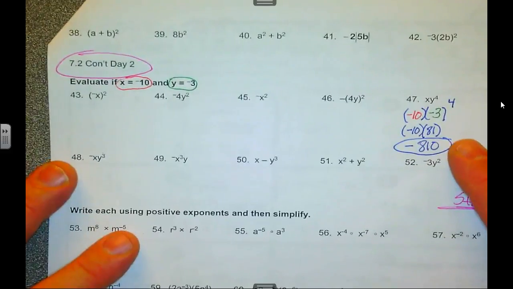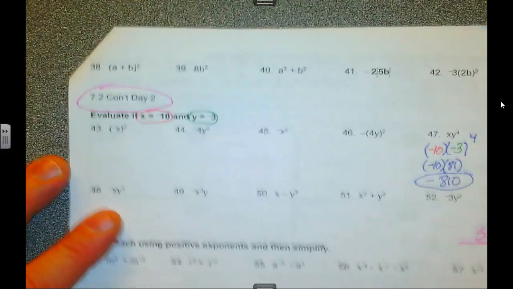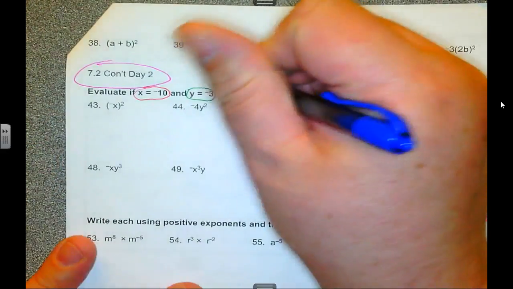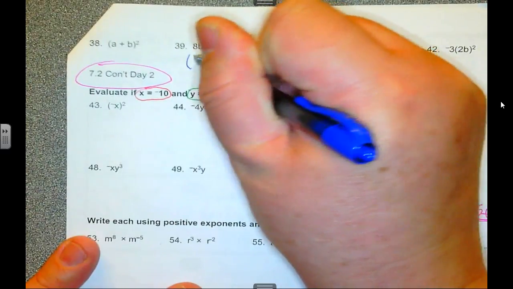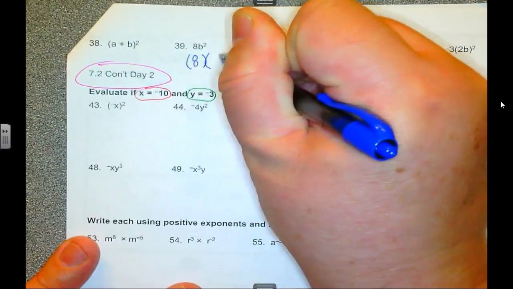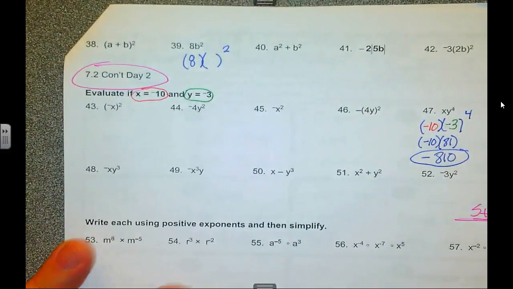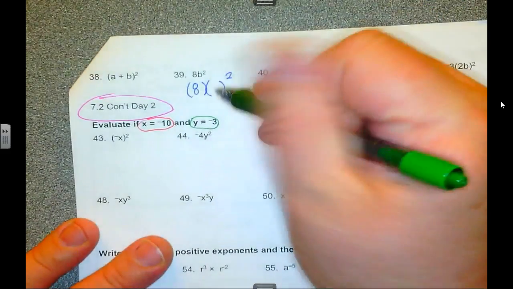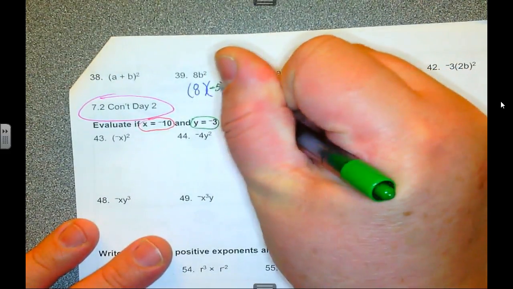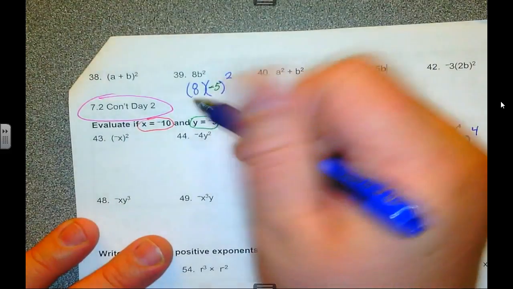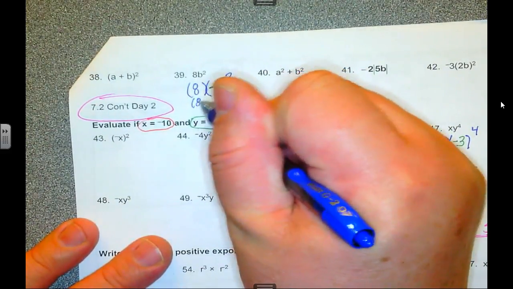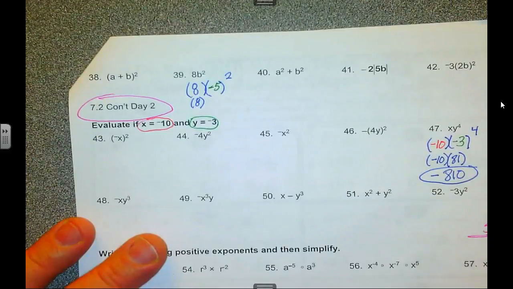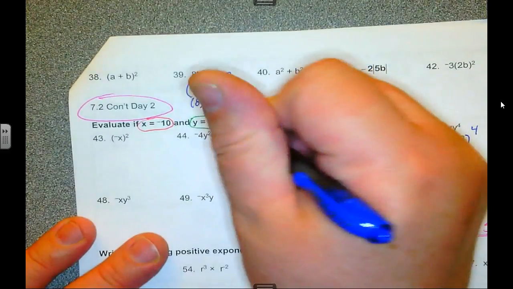That is fantastic. Okay, what'd you say, 39? I have 8, and b squared. And what's the valuation for b? -5, right? So it'd be 8 times... What's -5 squared? 25.